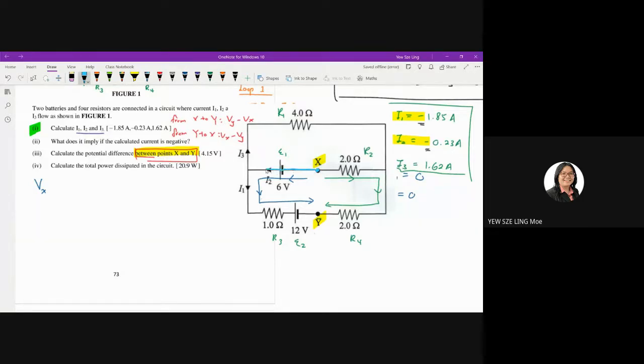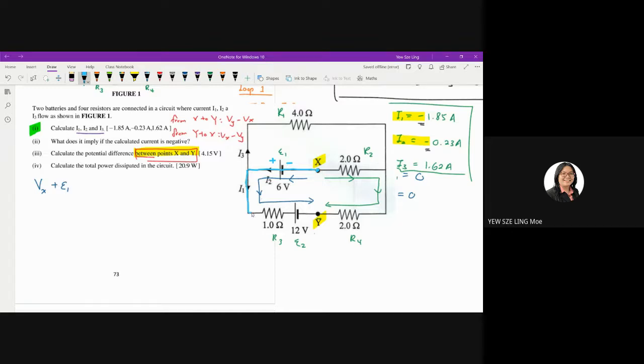As I pass through EMF1, I'm traveling from negative toward positive, from a lower potential to a higher potential. So this is a positive value: plus EMF1. As I keep traveling, now I've come to R3.